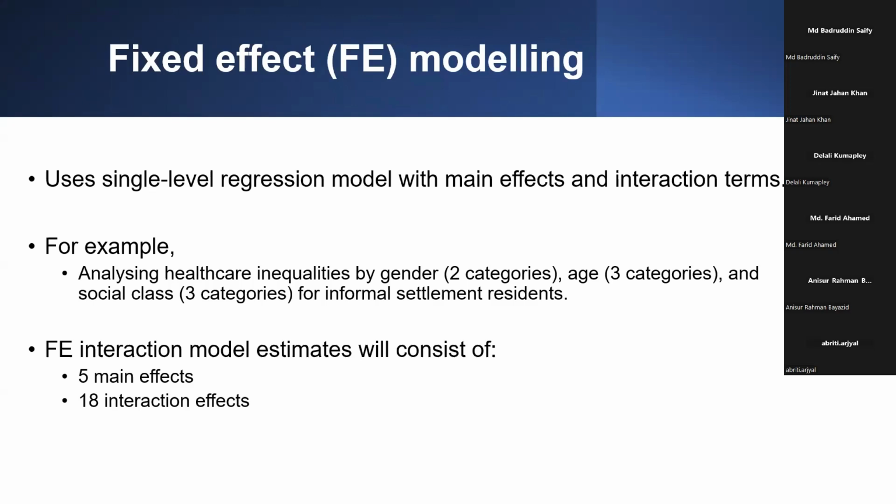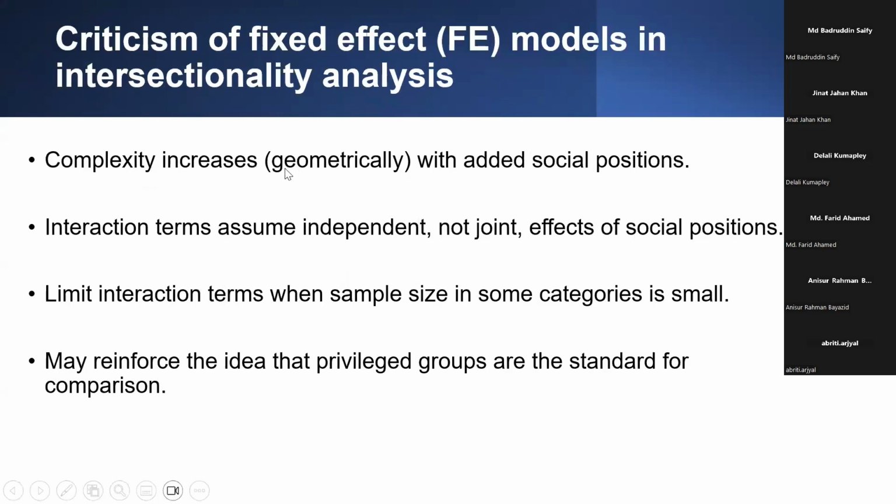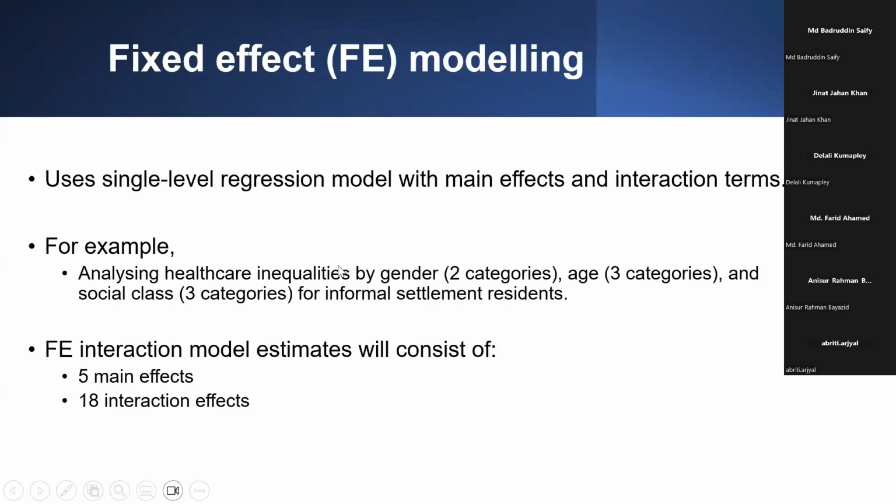Now, when we are analyzing for fixed effect modeling, in the example which I'm providing, we are looking at healthcare access inequalities by gender. Let's use the normal gender, which has two categories, let's say male and female. Age, we have three categories. Let's say this study was conducted for everyone in the population.